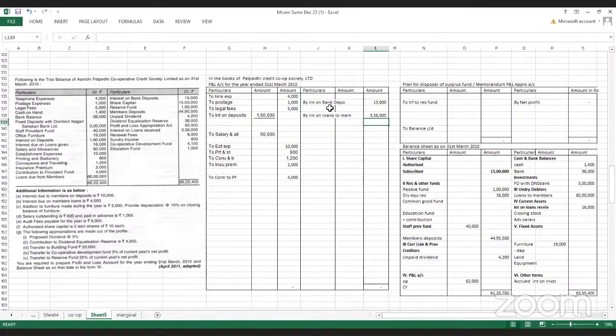The majority of income will come from interest. Okay. Next, renewal fees, again income. Renewal fees, 8,000. Then sundry income, 600. By sundry income.